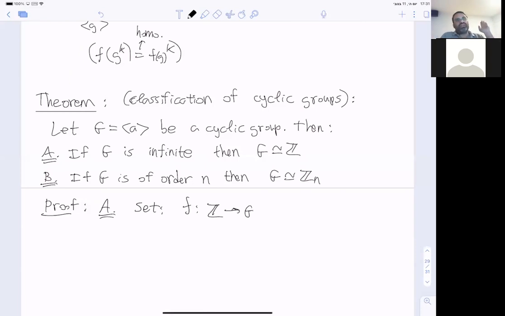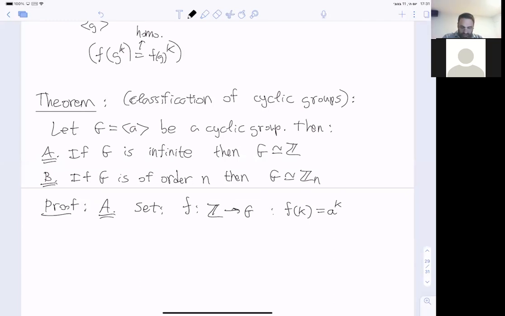We only know it is cyclic and it is generated by some element a. We define it this way: to any integer k from Z, we send it to a to the power of k. That's all.